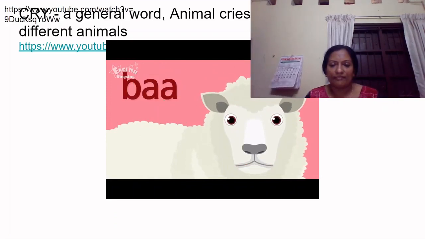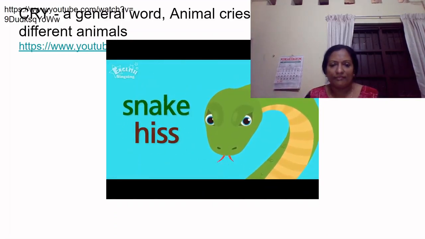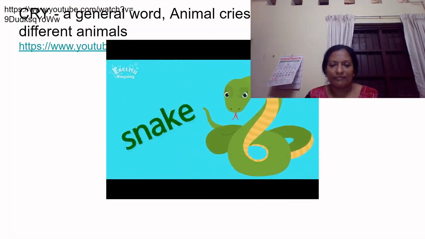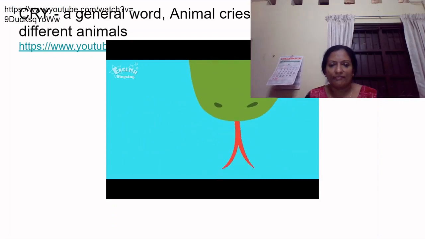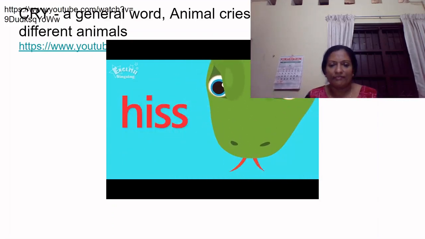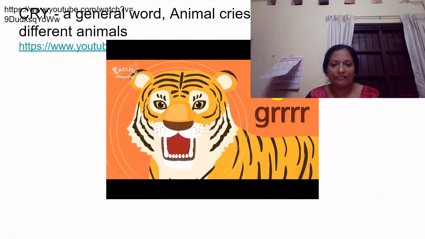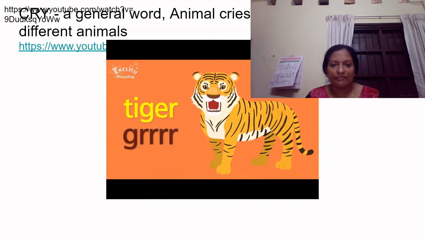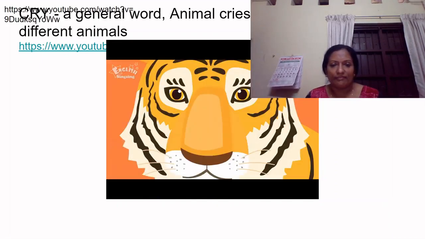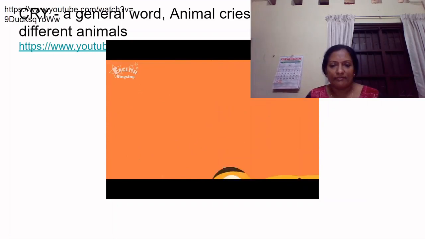A sheep makes a baa sound. Snake. Hiss. A snake makes a hiss sound. Tiger. Grr. A tiger makes a grr sound.